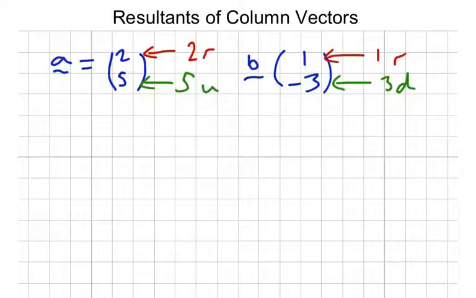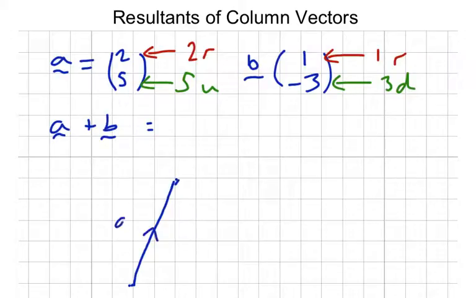So let's consider how we could find the resultant A plus B. We're going to be looking for how to do this as a column vector, but let's draw it out first. So first of all, we need to draw A, which is (2, 5). If we start down here, we've got to go 2 across and then 5 up. So that's going to take us up to there. So our column vector goes like that, up there.